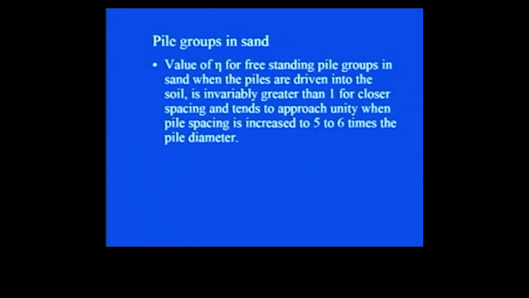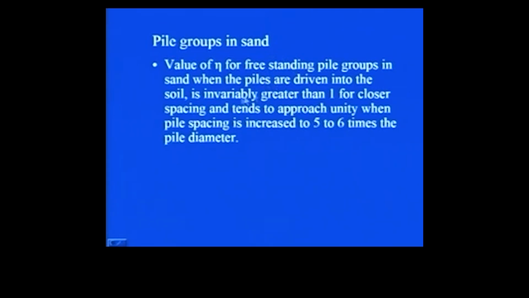So, I hope that you remember that we discussed two types of pile group, free standing and fixed standing, where the pile tops were related to each other with the help of a pile cap. Now, in free standing piles, you have seen that the pile cap was not in contact with the soil.